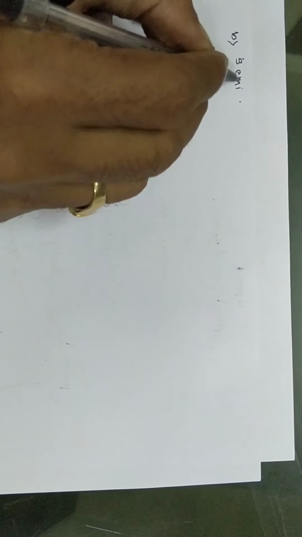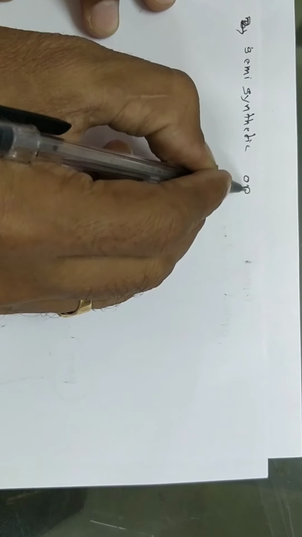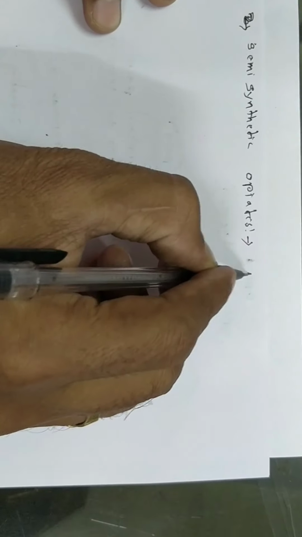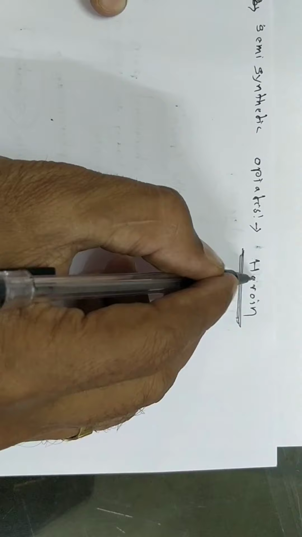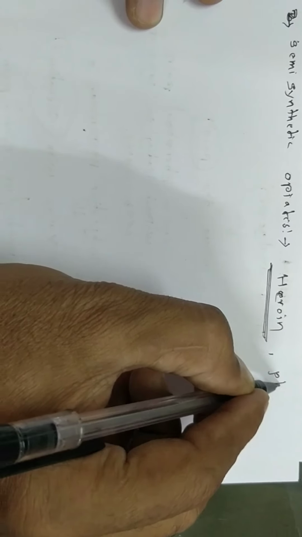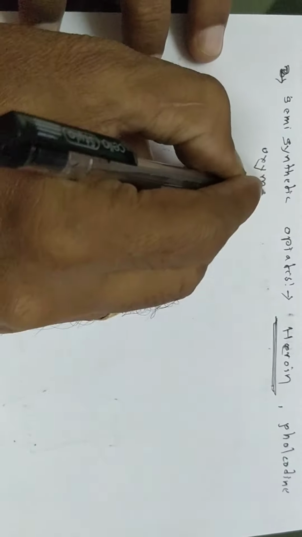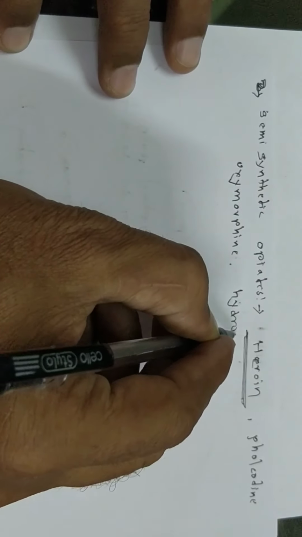Now the second group is the semi-synthetic opiates. Examples are commonly used heroin in the big society, dihydrocodeine, oxymorphone, hydromorphone.